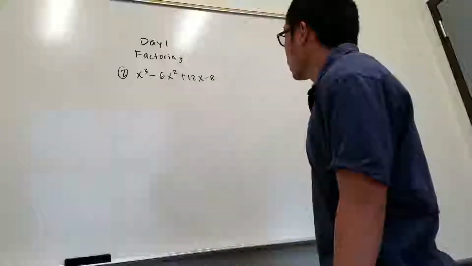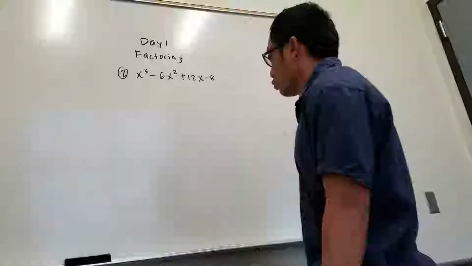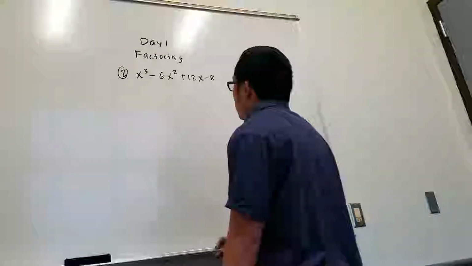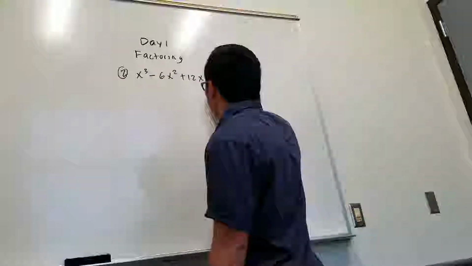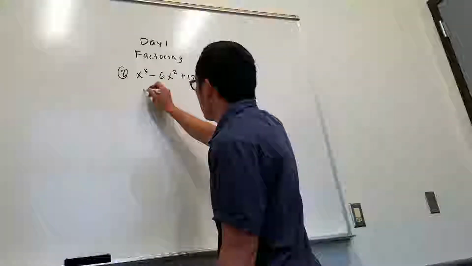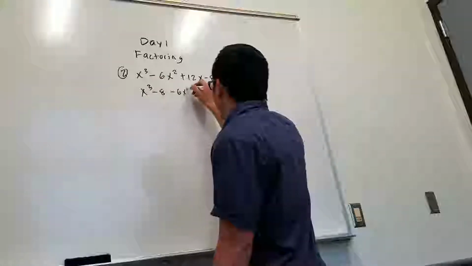Okay, so how do I do this? It's kind of hard to see, but I'm just going to move things around. Let's say I'm going to move this around here: 2x cubed minus 8, minus 6x squared plus 12x.